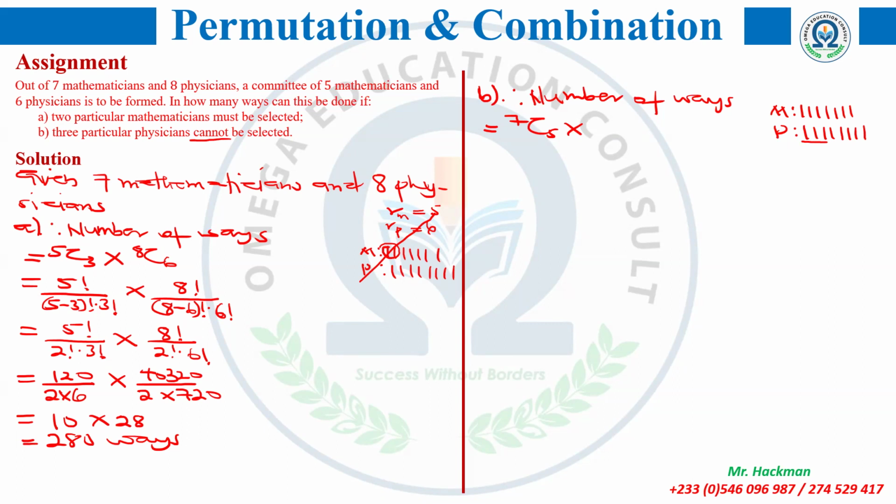Yes, please. And for the physicians, how many are we supposed to select in all? 6. Okay, but you can see that when 3 are not available for selection, we need to go and select 6 from what?